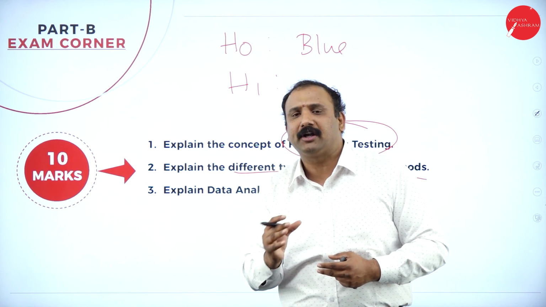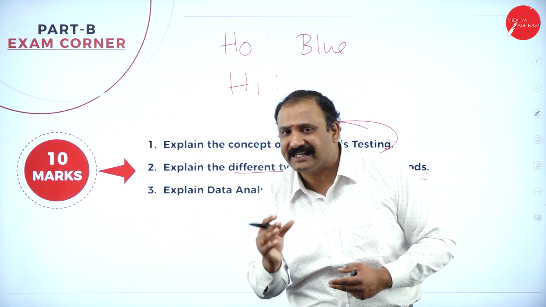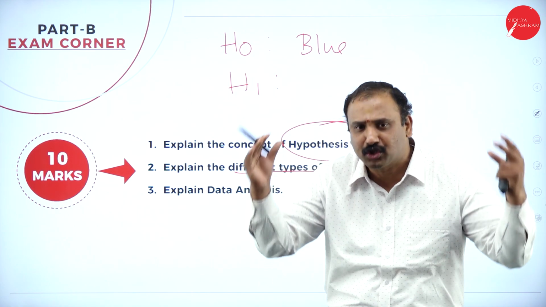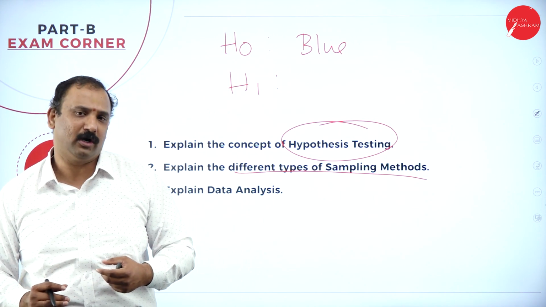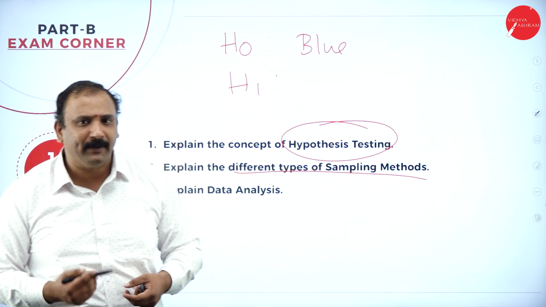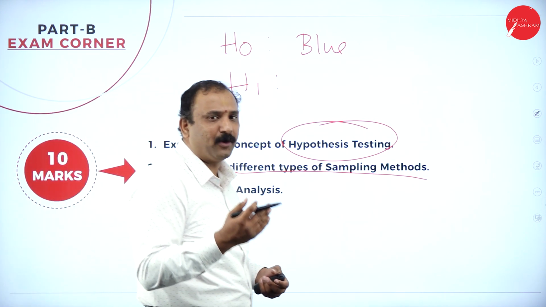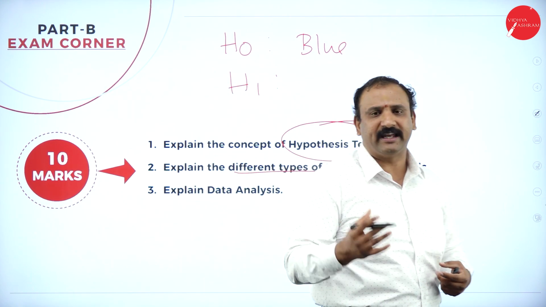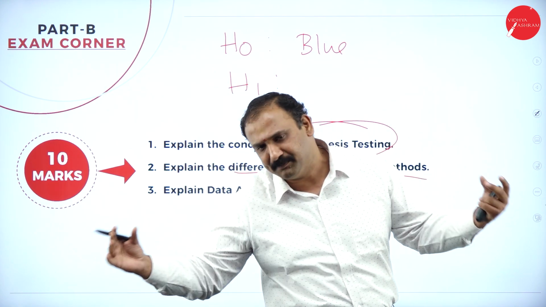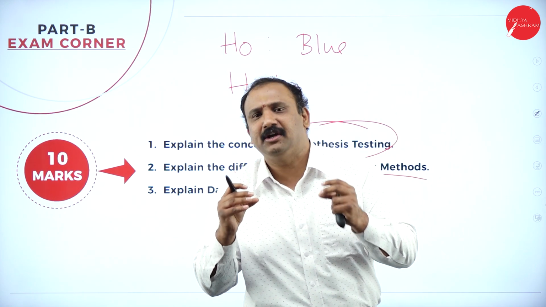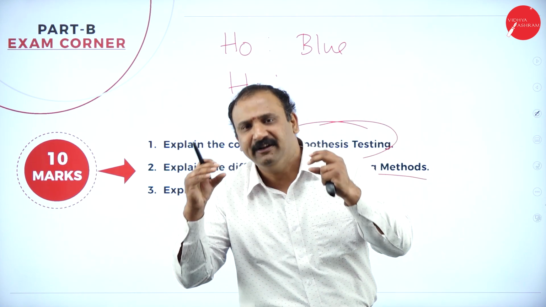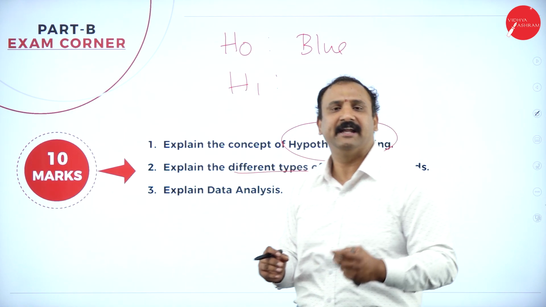Sampling is a methodology by which you are going to understand the characteristics of a large group through a collected sample. So for example, you want to understand the people who are working in the IT sector in Bangalore. So what is the average salary of a person who is working in the information technology sector in Bangalore?